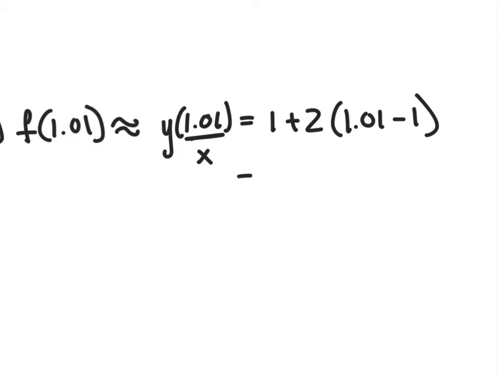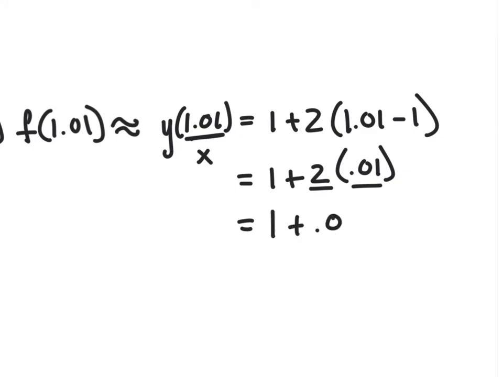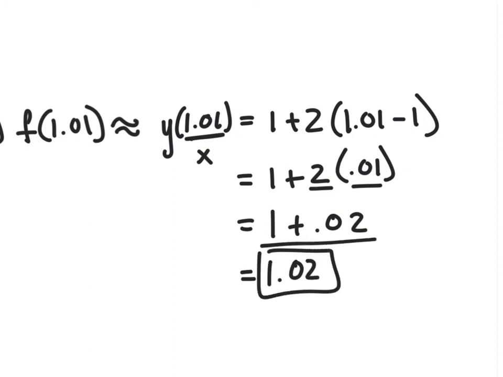If I take 1.01 minus 1, I just get 0.01. Now this is some math that I'm able to do, so 2 times 0.01 is 0.02, giving me 1 plus 0.02. So I get the value of 1.02, and that's what I'm looking for.